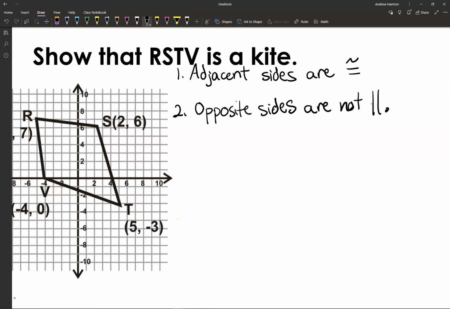So this is going to take some thinking. How do we show that sides are congruent to each other? Well, to be congruent, they need to have the same length, so we need to show that their distance is the same. And to show that they're not parallel, if you remember, to show lines are parallel, they have to have the same slope. So we have to show that these lines do not have the same slope.